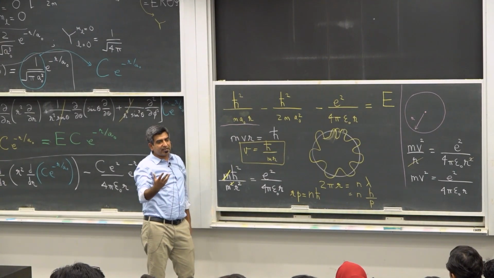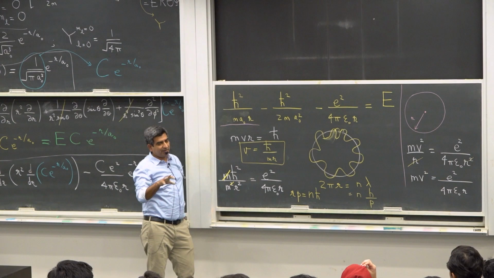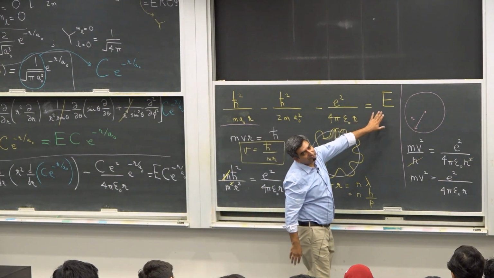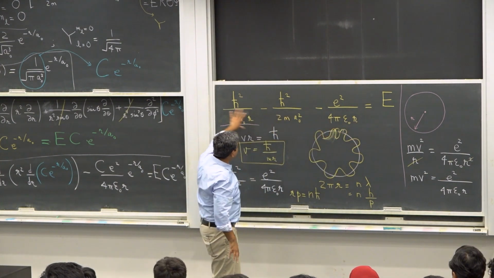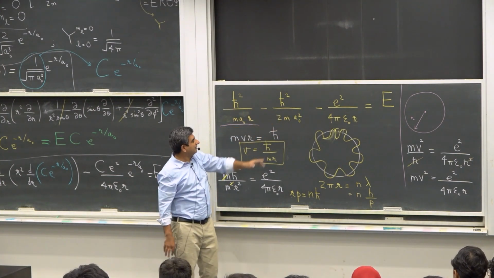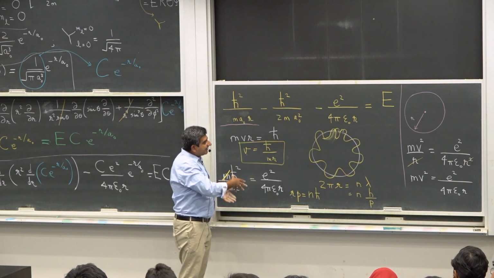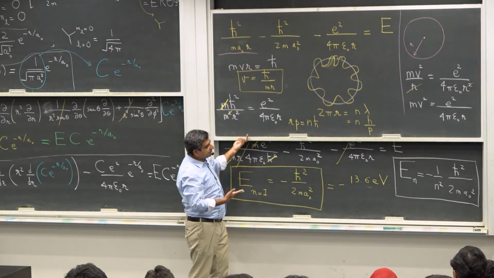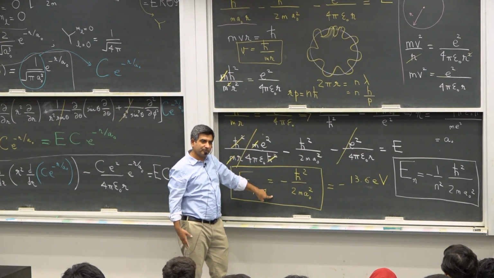The differential equation has been converted to an algebraic equation, in which E, the energy of the electron, is now expressed in terms of simple numerical factors. Finally, in the end, the energy takes a very simple form, this form.